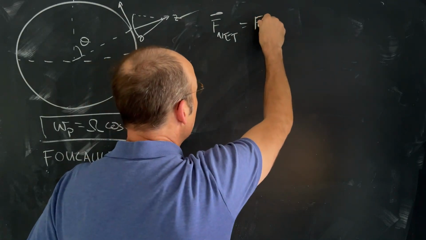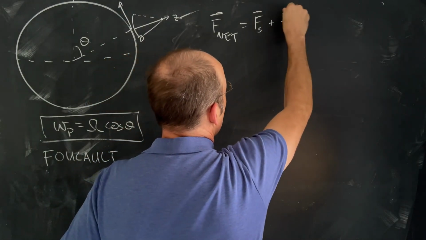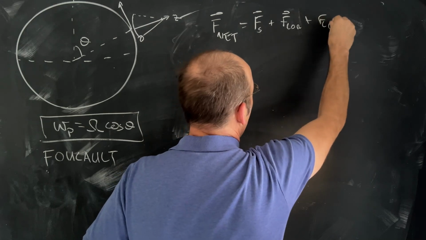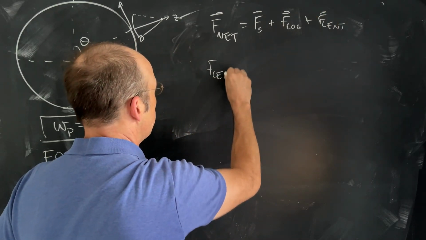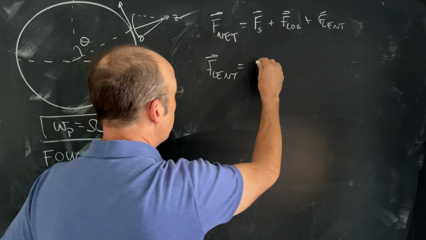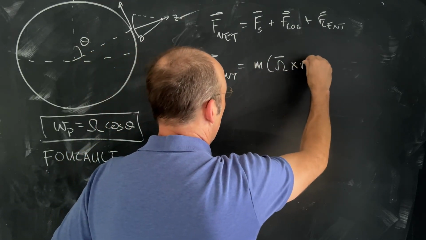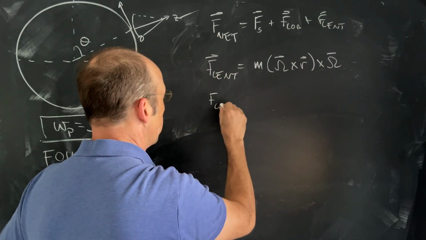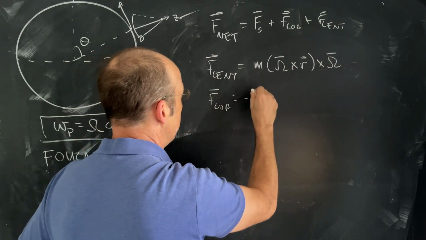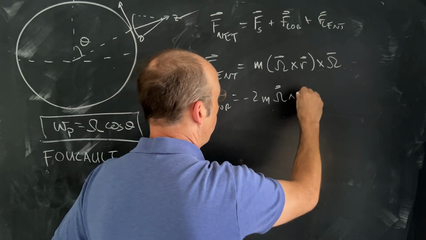I've already essentially taken care of those. And then I have the Coriolis force. And then technically I have the centrifugal force. So the centrifugal force is going to be m times omega cross r cross omega. And the Coriolis force is negative 2m omega cross v.